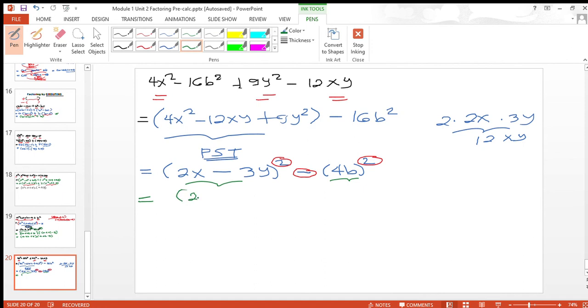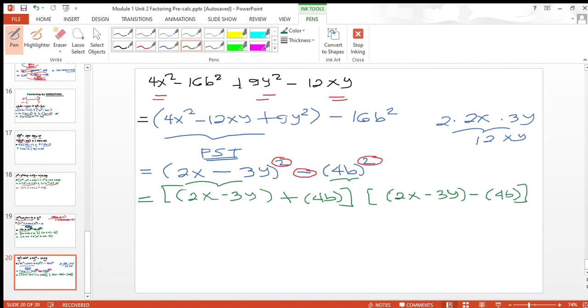So, we have the first term, that's 2x minus 3y, plus the second term, which is 4b, multiplied by the first term, 2x minus 3y. Let me erase this, change this, sorry. That should be 3y. And then minus the second term, which is 4b.